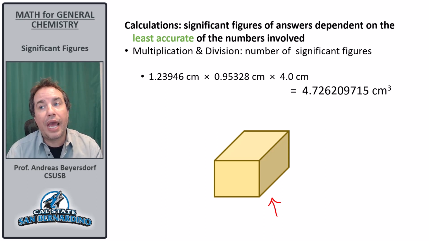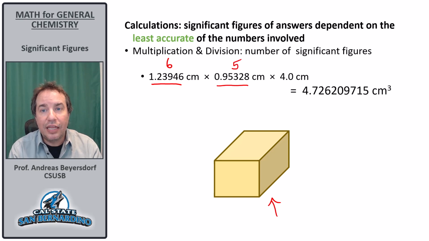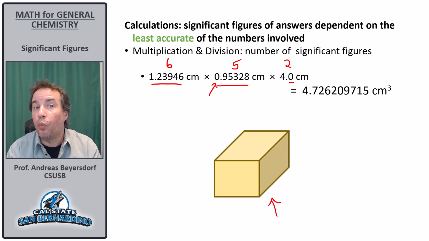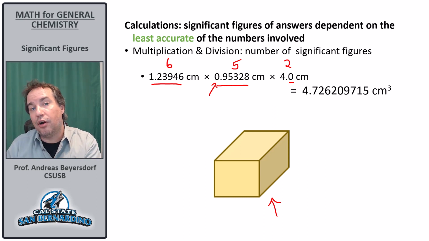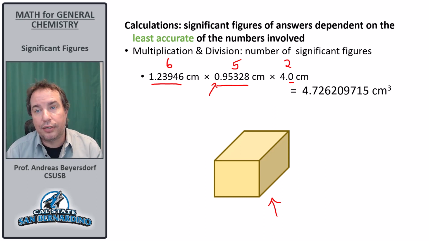But what we have to do for our final answer is look at the numbers involved. So this 1.23946 has 6 sig figs. 0.95328 has 5. This leading 0 is not significant. And 4.0 has 2. In this case, the 0 is significant. Why? Because it's a trailing 0 and there's a decimal point.